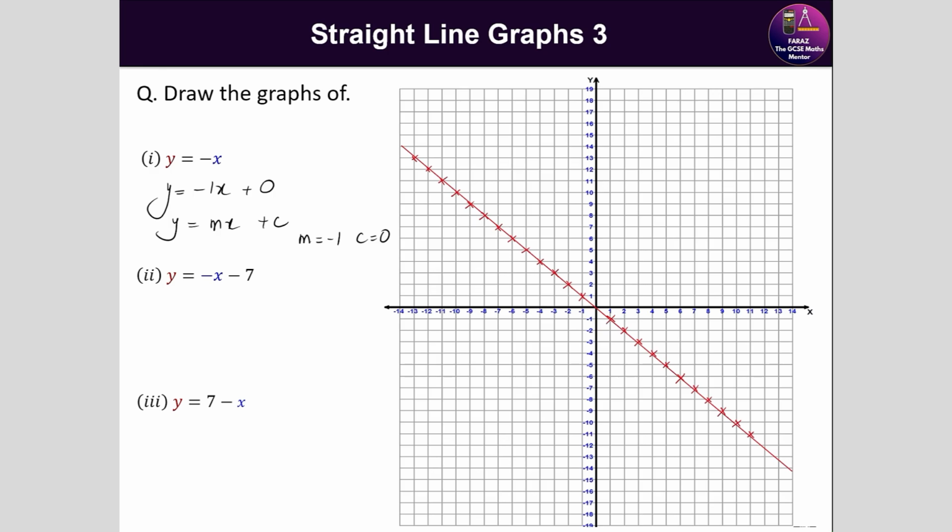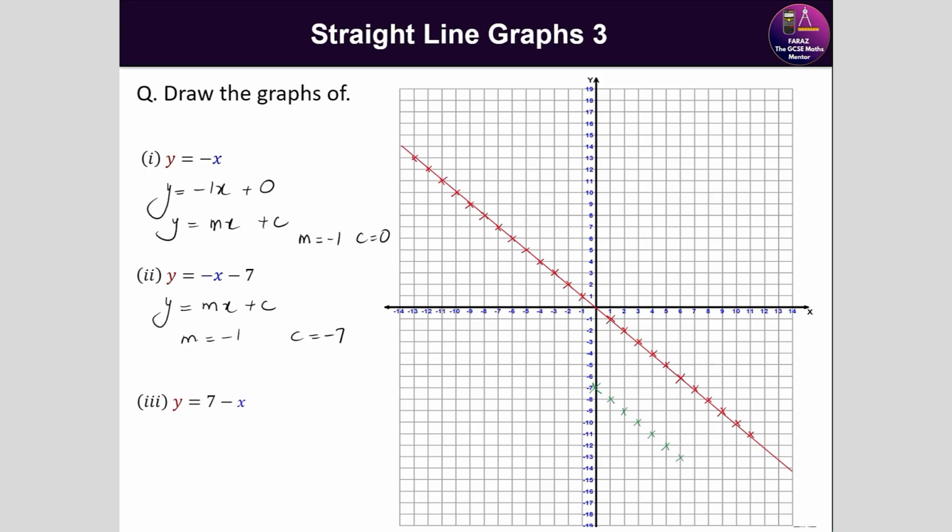Second is y equals negative x negative 7, which means m equals negative 1, c equals negative 7. Y equals mx plus c. M is negative 1, c is negative 7. So we begin at 0 comma negative 7, and go across 1 down 1, across 1 down 1, this way.